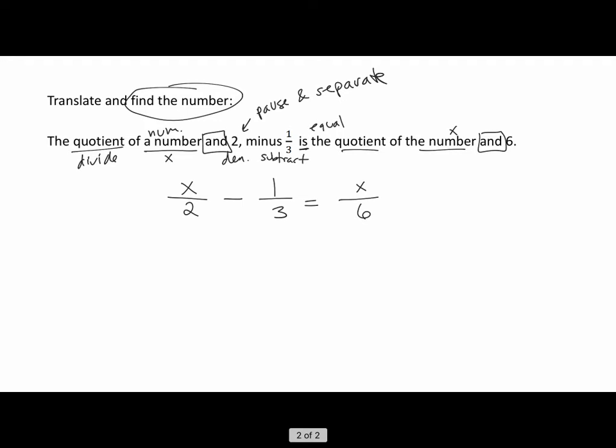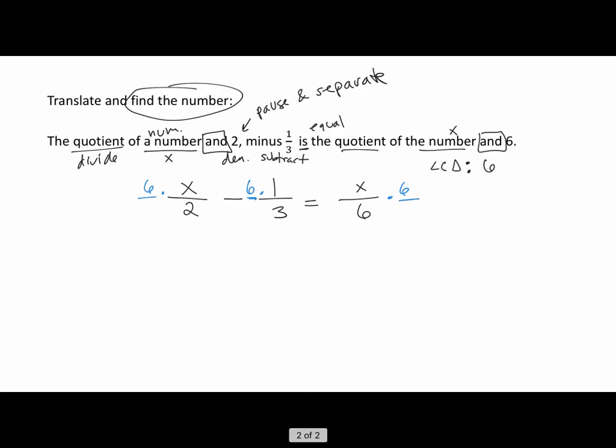So that means I'm looking for the least common denominator of 2, 3, and 6. And that's going to be 2 times 3, which is 6. If I want to look at it as 2 times 3 instead, that's fine. But I'm going to take that least common denominator and multiply it to every term in the equation here.